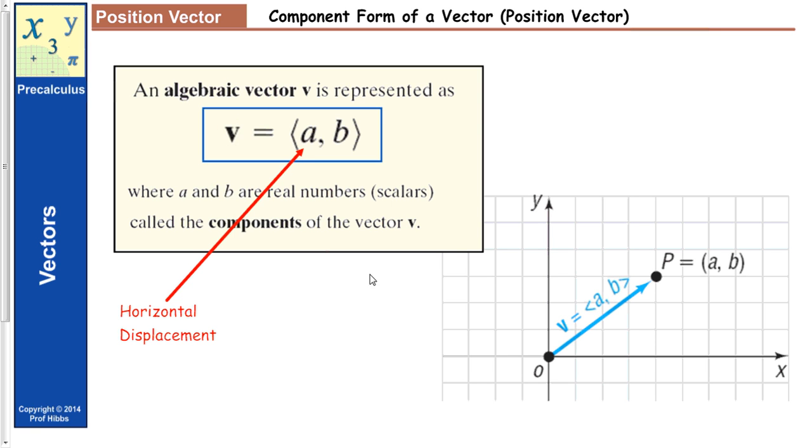The second component represents the vertical displacement from the beginning to the end of the vector. If that number is positive, we move up; if it is negative, we go down. That's the basic idea, and it's so simple the way we add vectors when we see this, you'll think, man, why'd we do the other?